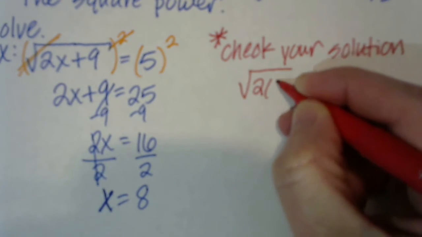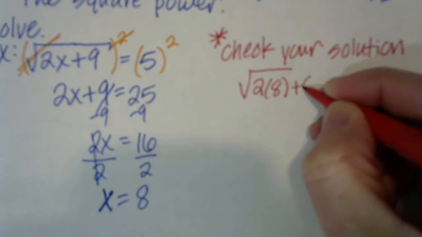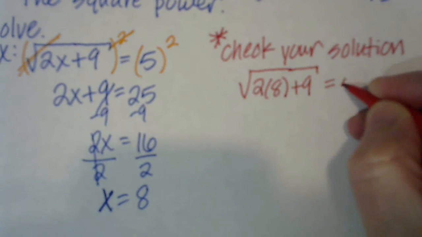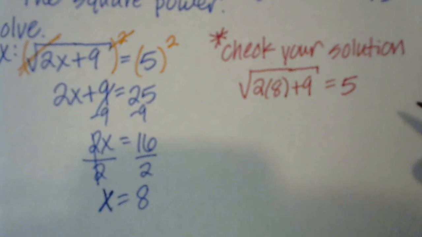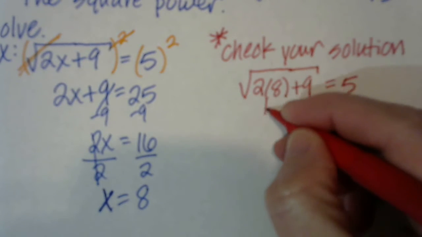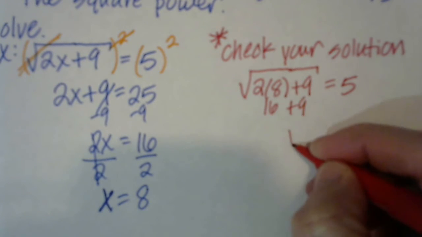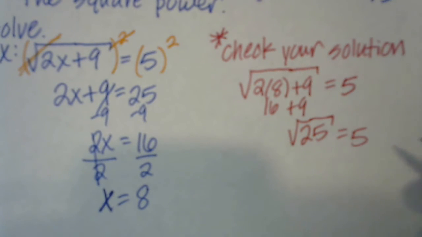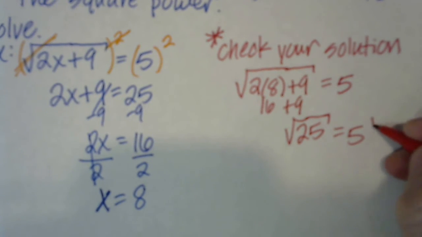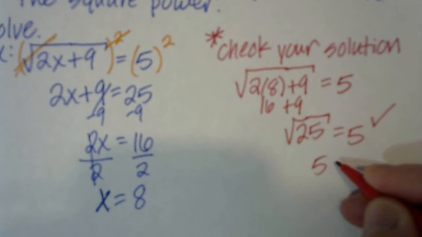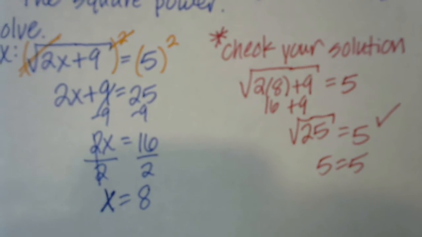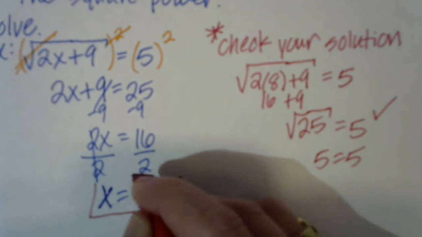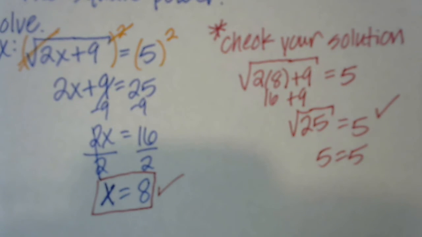So that would be 2 times 8 plus 9 under the square root should equal 5. Well, 2 times 8 is 16 plus 9. So this is the square root of 25 is equal to 5. And that does work. 5 equals 5. So that means that this is correct, and I can use that as my answer.